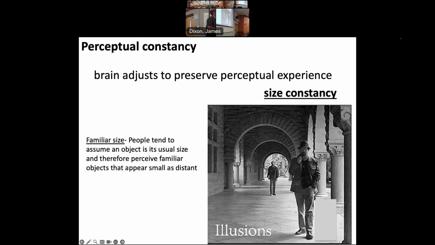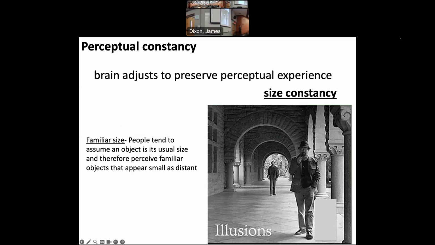We also do this for things like size. The size of objects remains the same, despite the fact that they take up more and more of your visual field as they approach, or less and less as they go away. So here we have someone walking at a distance and someone walking up close, but we know it's not the case that this guy is really small and this guy is really big.